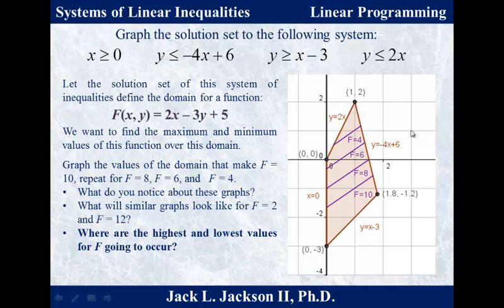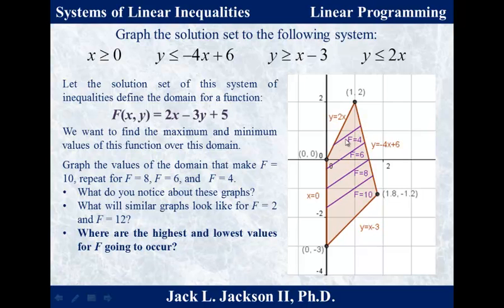So if f equals 4, that puts a 4 here, and we graph 4 equals 2x minus 3y plus 5, and that is a line going right across here, but we only include it from this point on the boundary curve y equals 2x to this point on the boundary curve negative 4x plus 6.